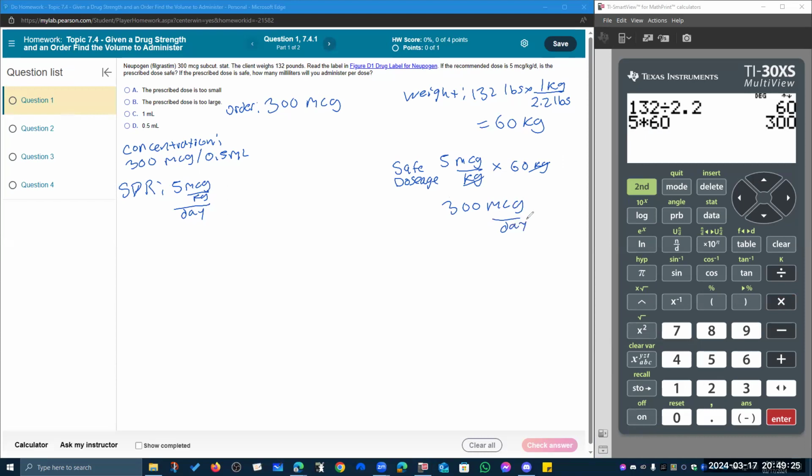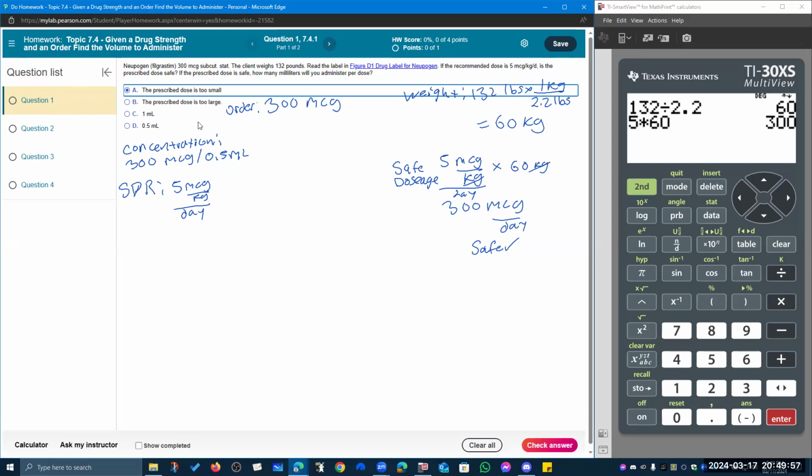This is per day. So this is safe. And we're going to go ahead and select option A here. I'm sorry, no, it's not too small or too large, it's safe.